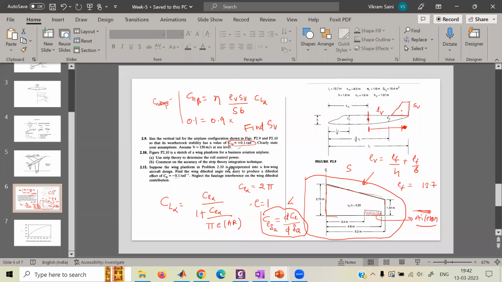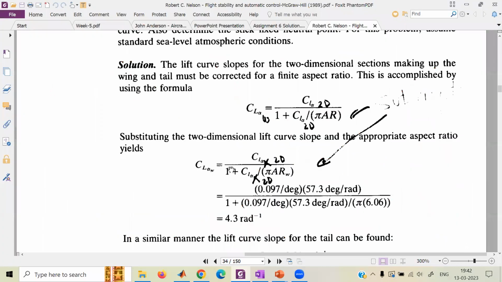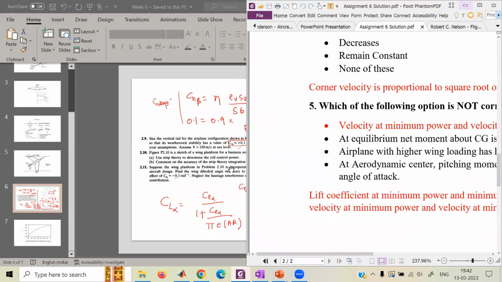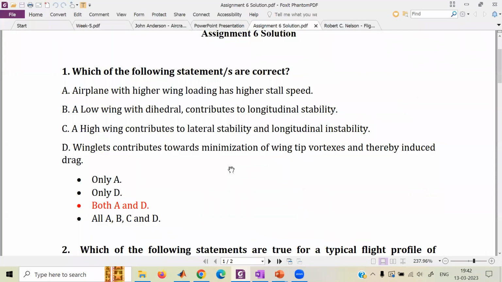Question 1 is, which of the statements are correct? Let's look at A. Airplane with higher wing loading has higher stall speed. You guys have solved the assignment, so try to help me see why A is correct. So how is stall speed connected to wing loading?